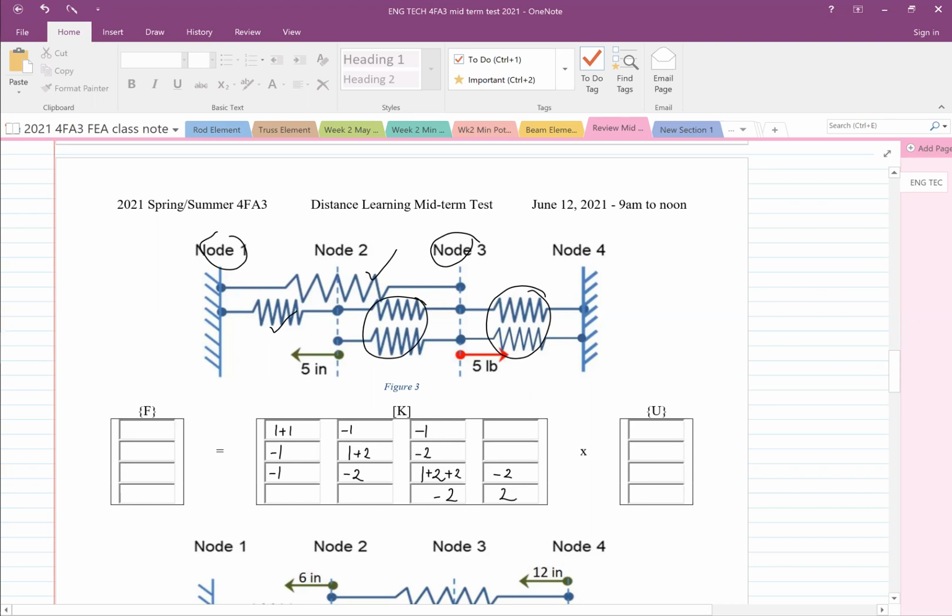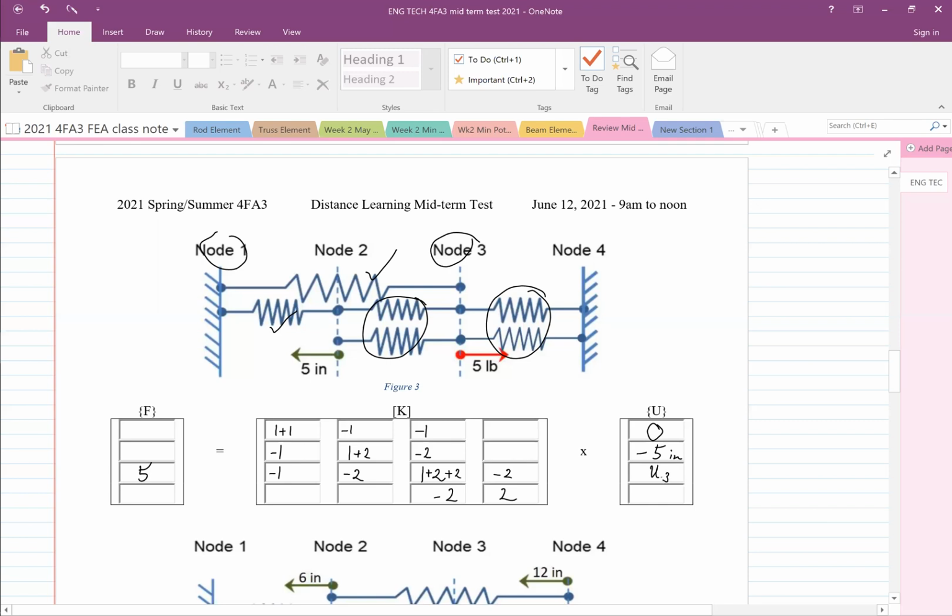Okay, and then we deal with the displacement vector. Node 1 is locked. Node 2 is locked as well, but it is locked with a displacement, which is a -5 inches. And Node 3, there is a positive force on it, so there will be some sort of displacement.